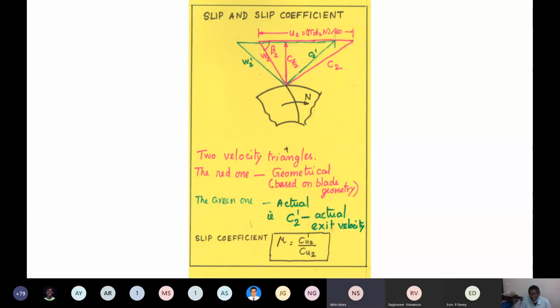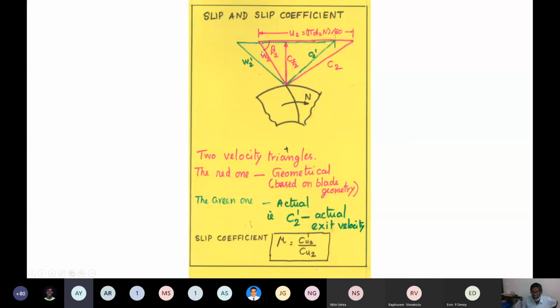Red one. The red one is drawn without slip. I prefer to call this the geometrical velocity triangle, because it is based on the blade geometry. The tangent to the blade is drawn, from that I mark a distance CF2 in the radial direction, then from the tangential direction I draw the U2 value, given by pi d n by 60.